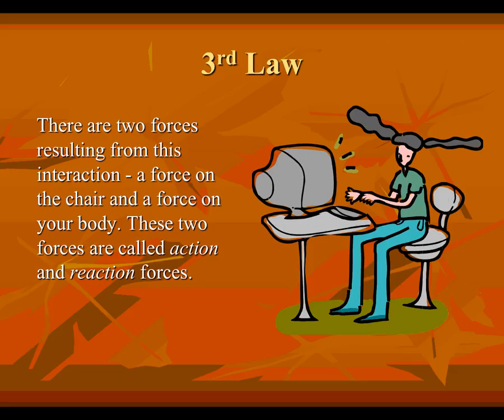A force on the chair and a force on your body. These two forces are called action-reaction. Again, like we talked about yesterday, since you are not moving, there is a net force of zero. There's an equal force being applied downward, gravity, and by the chair, a normal force upwards. This is what we would call a zero net force.